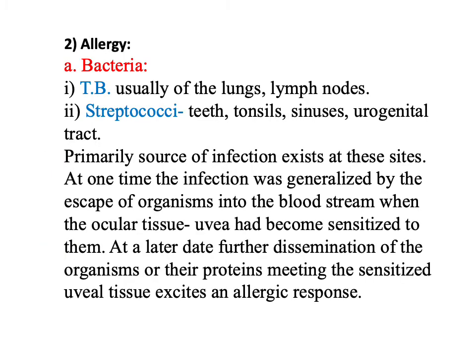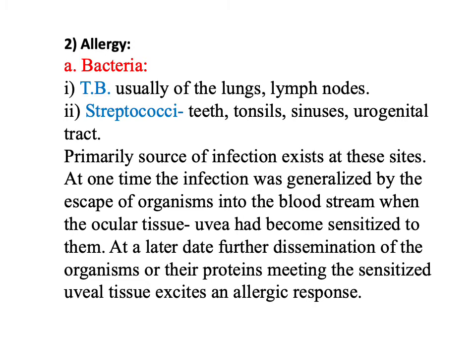The etiology of uveitis also includes allergy, other than the infection. Allergy is due to previous presence of bacteria like tuberculosis, usually in the lung and the lymph nodes, and streptococci like in teeth, tonsils, sinuses, and urogenital tract.